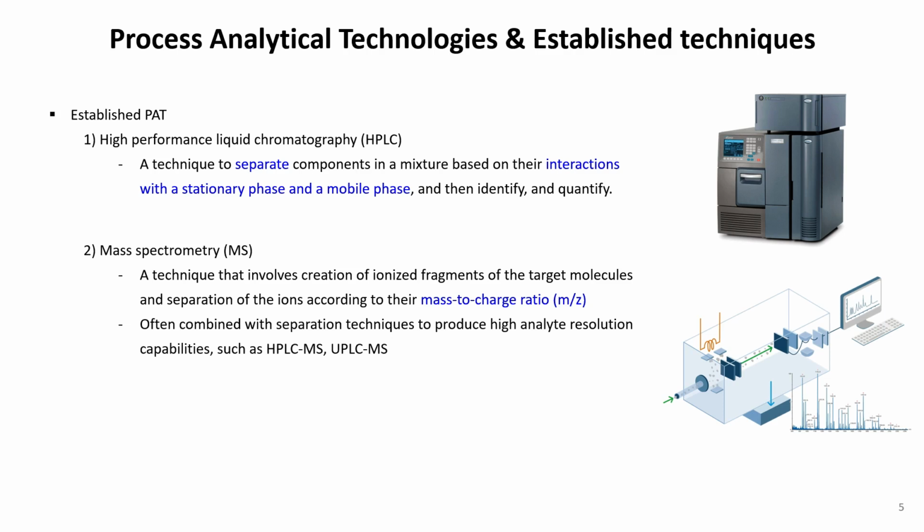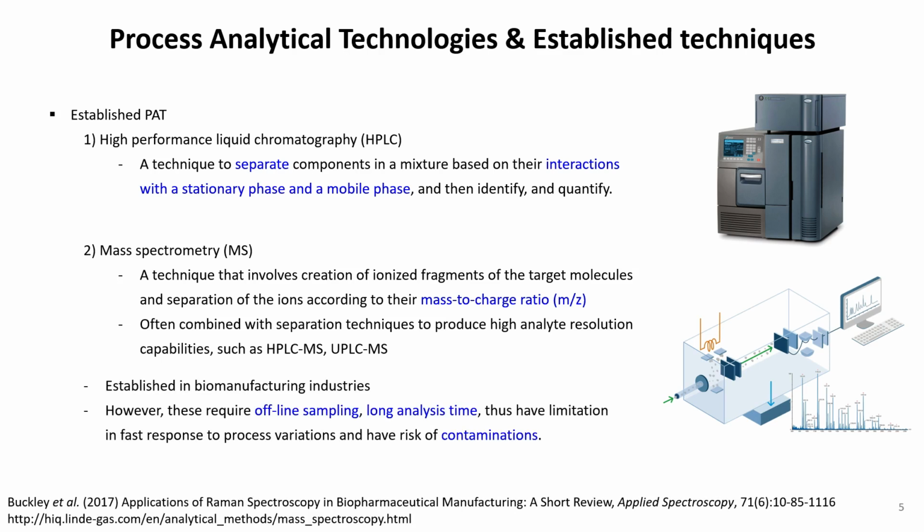This is a technique that involves creation of ionized fragments of the target molecule and separation of the ions according to the mass to charge ratio. These are already established in the biomanufacturing industry. However, these require offline sampling and long analysis time, thus have limitations in fast response to process variations and also have risk of contamination.